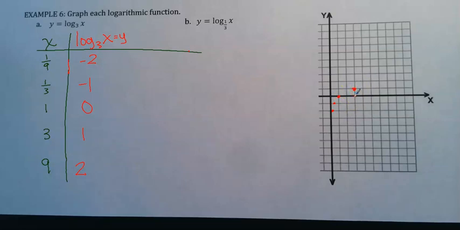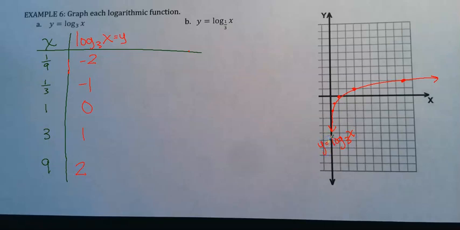And 9, so this is 3, 4, 5, 6, 7, 8, 9 is 2. All right, so here is my first problem there, the log base 3 of x.